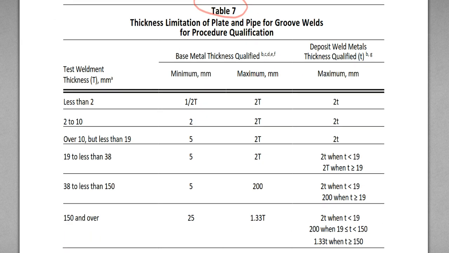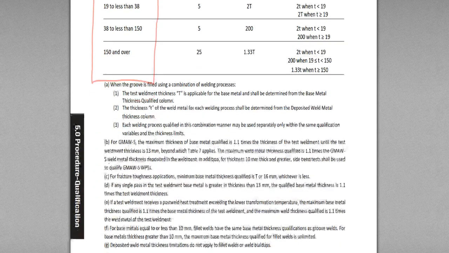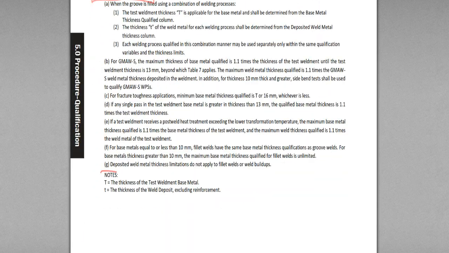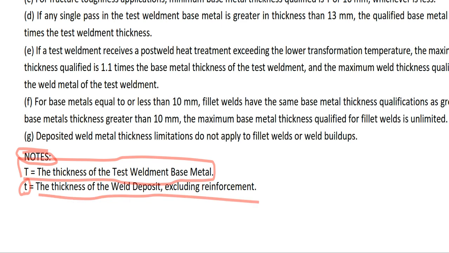Here, the very left column, test weldment thickness, capital T. And if you see the note here, capital T is the thickness of the test weldment base metal, and lowercase t is the thickness of the weld deposit excluding reinforcement.